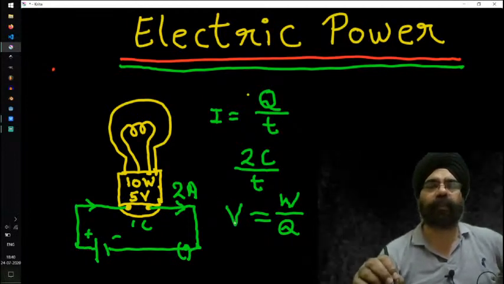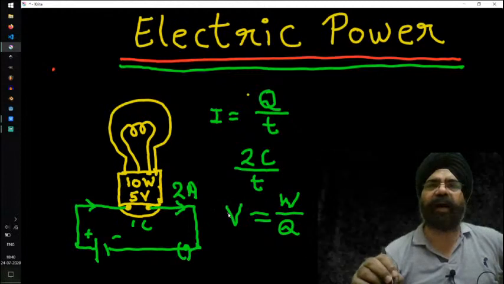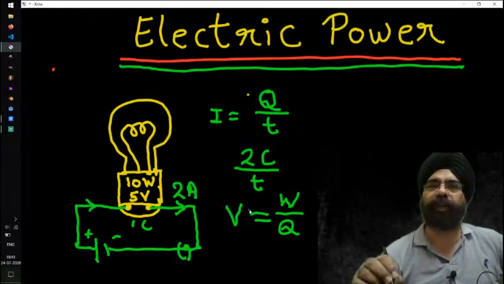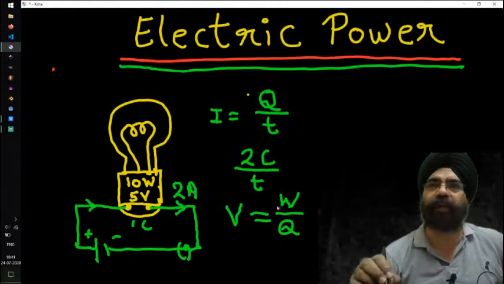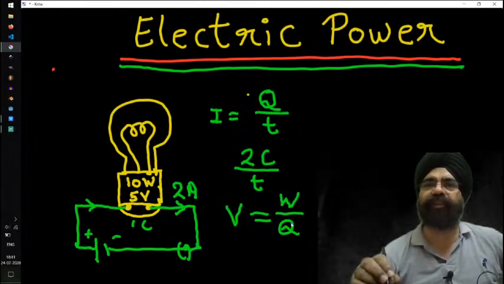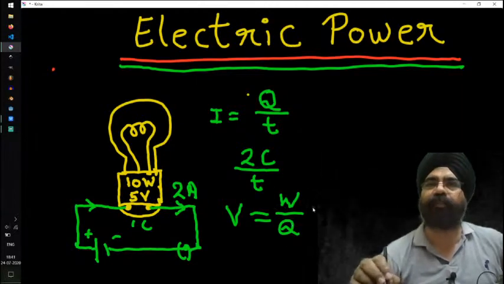Okay, so we have understood what potential difference is. Potential difference is the work done in transferring a unit charge, divided by Q, from one point to the other.